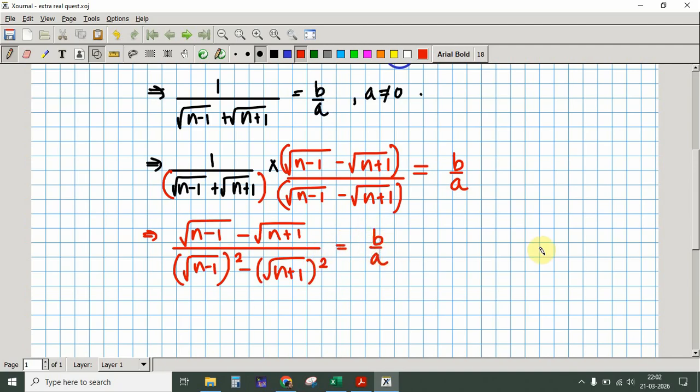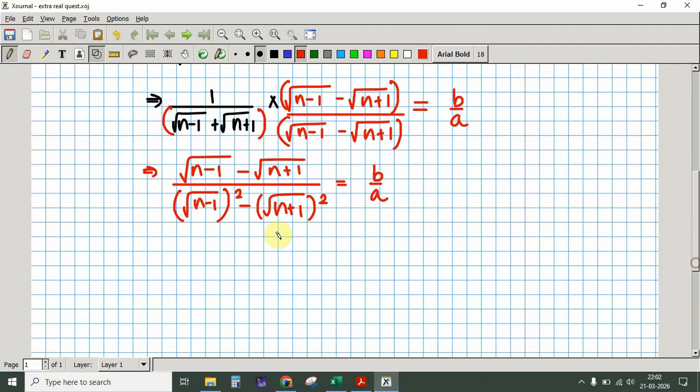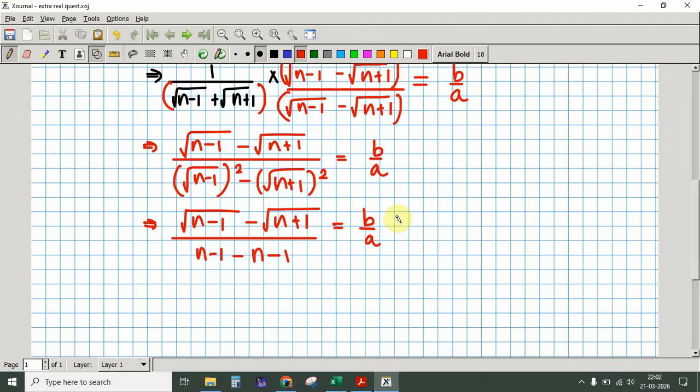This equals b upon a. What I have here is n minus 1 minus n plus 1, with this negative sign, and this will be n plus 1. Let's remove the brackets and do the adjustment without them. So it will be n minus 1 equals b upon a.